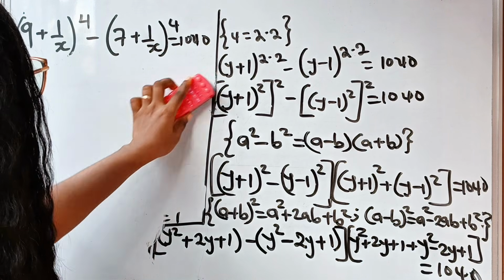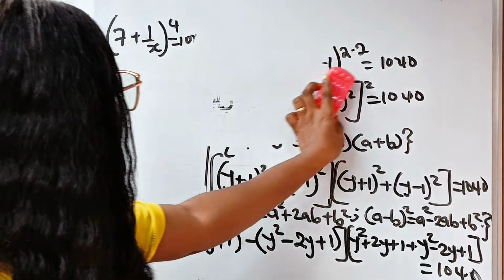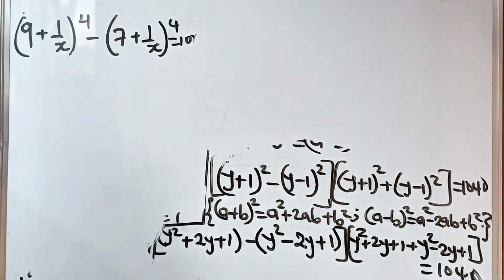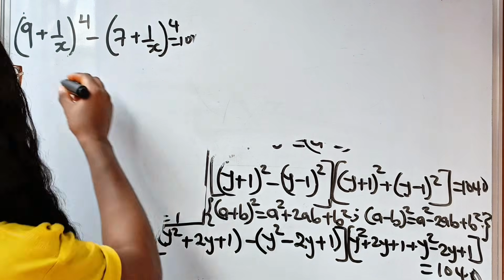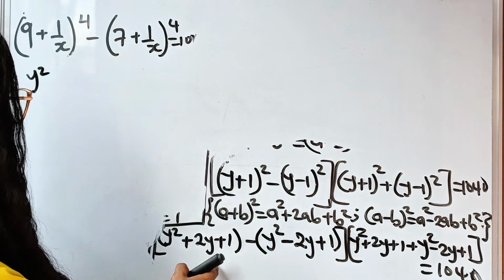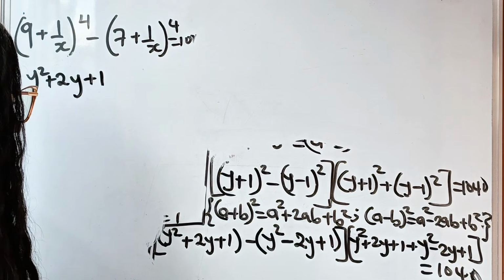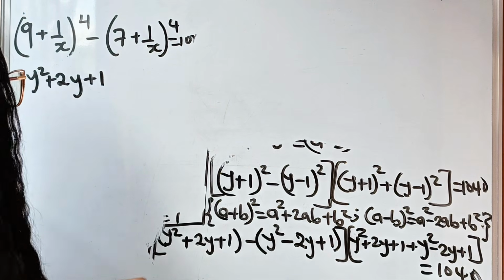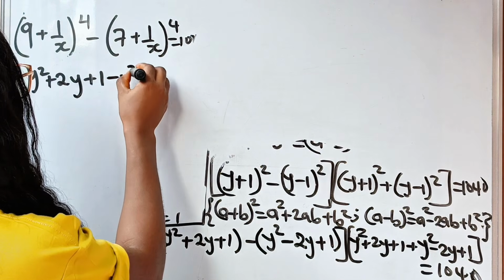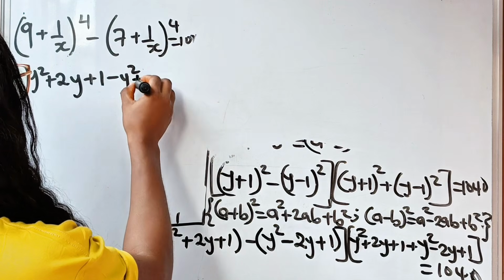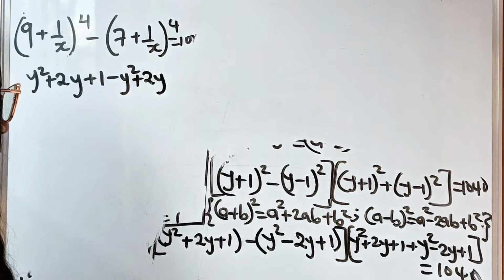So if we solve further, let me just leave this for now. So we have y squared plus 2y plus 1. Minus times y squared is minus y squared. Minus times minus becomes plus, so we have plus 2y.